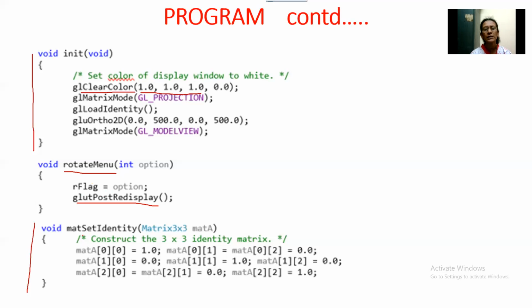Next we see mat set identity. We have to first of all initialize the current matrix to the identity matrix, that is, we have 1 0 0, 0 1 0, 0 0 1.